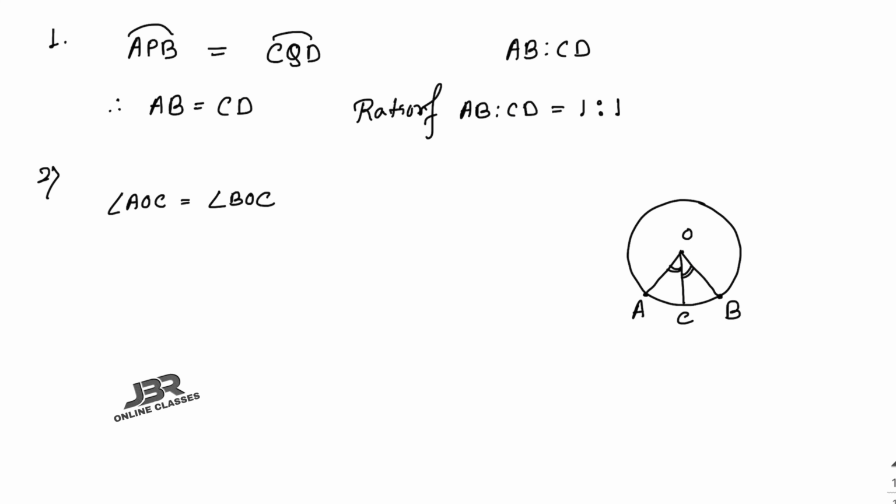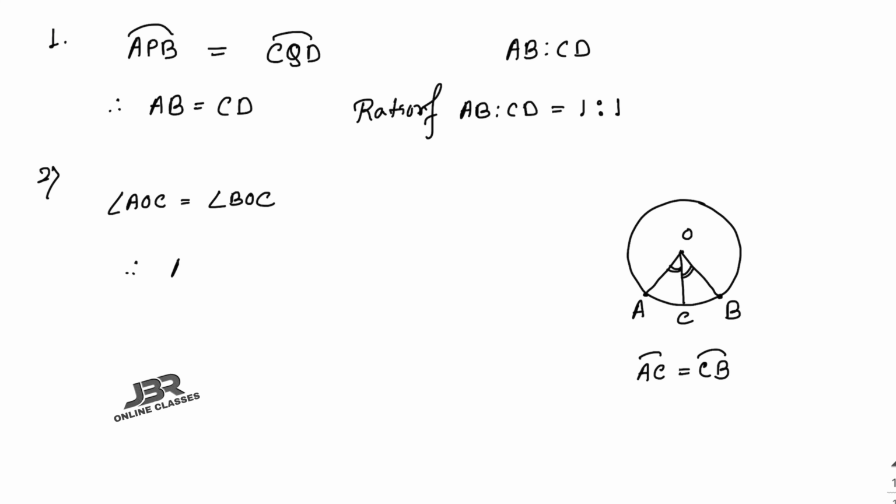Prove that OC bisects the arc AB. If OC bisects the arc AB, then you have to prove that arc AC is equal to arc CB. As OC bisects angle AOB, angle AOC is equal to angle BOC. These are the angles subtended by the arcs AC and BC.